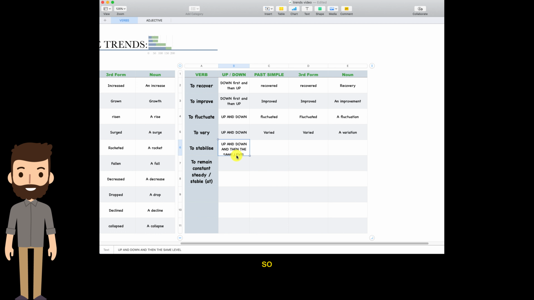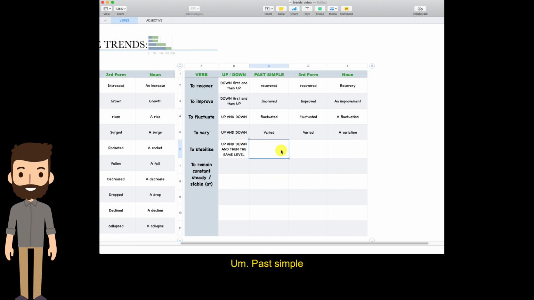Okay. Past simple would be stabilized. Some people say stabilised. So you can use the Z or the S if you want, however you say it. American, British, English. Both are correct.